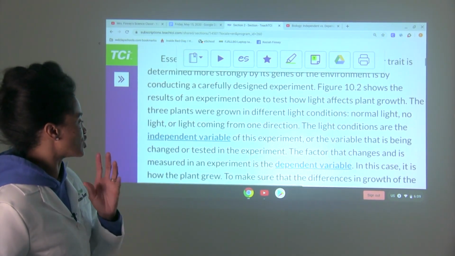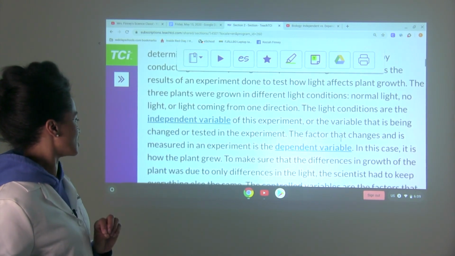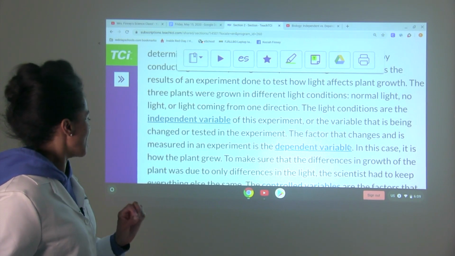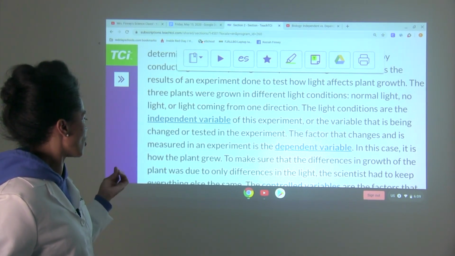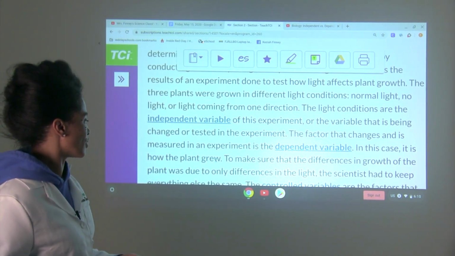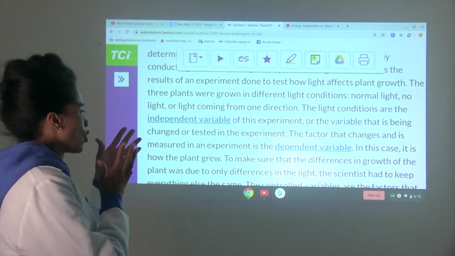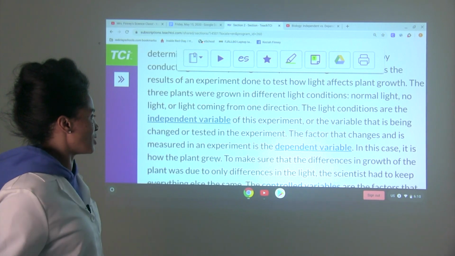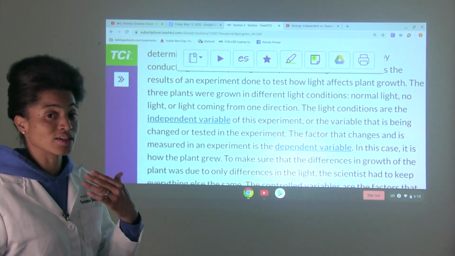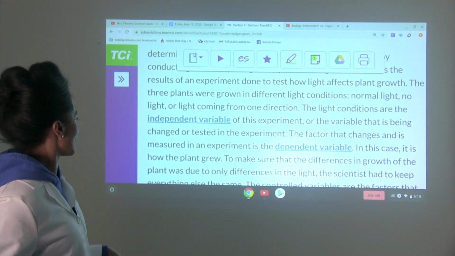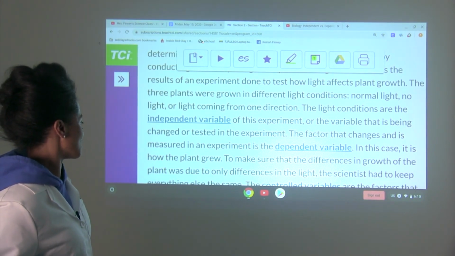The factor that changes and is measured in an experiment is the dependent variable. In this case, it is how the plant grew. Okay, so how the plant grows is dependent on the independent variable, which is the condition for the light. All right, whether it's normal light, no light, or light coming from one direction.